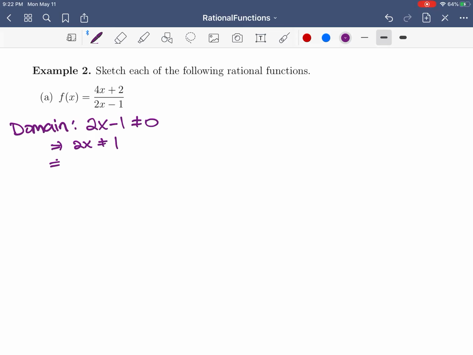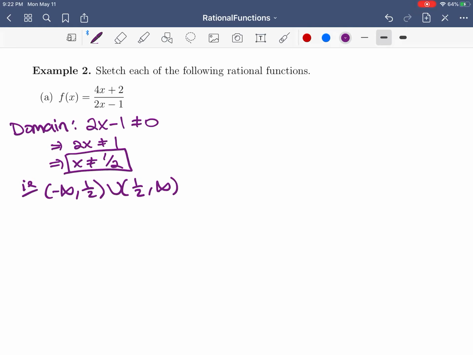That means 2x is not equal to 1, which means that x cannot be 1/2. So we want to exclude the number 1/2, but every other x value is fine. In interval notation, that means we go from negative infinity to 1/2, and then from 1/2 to infinity. Notice I use the round brackets here because I don't want to include the value 1/2, because it's not in the domain.